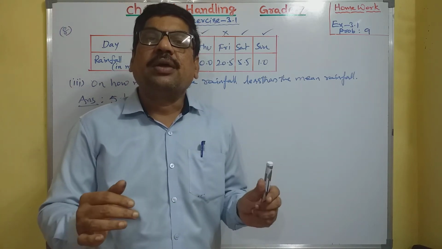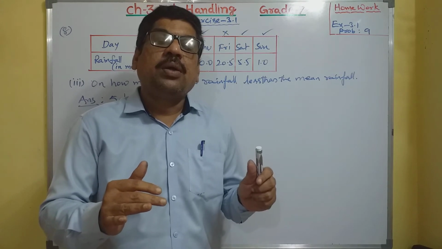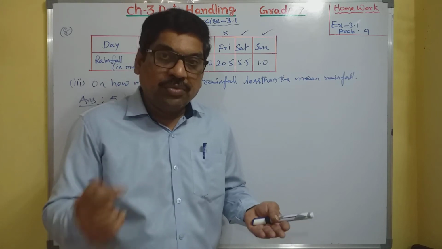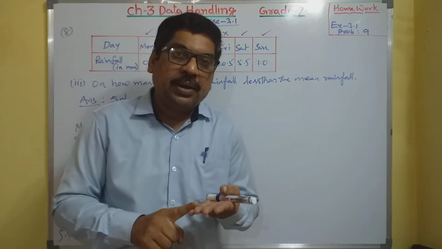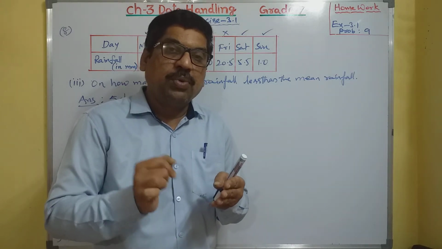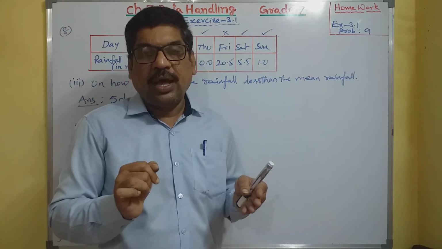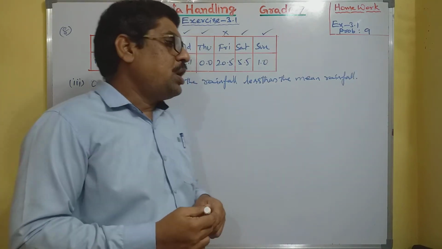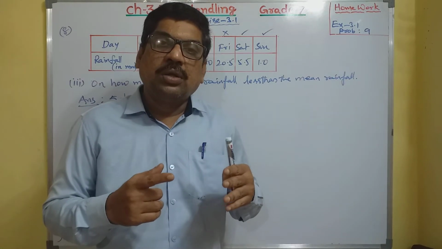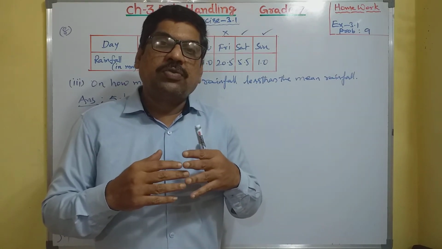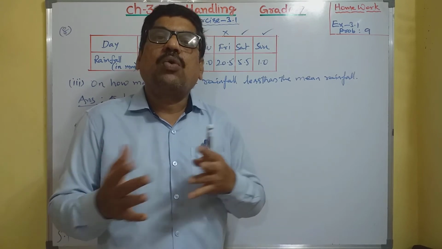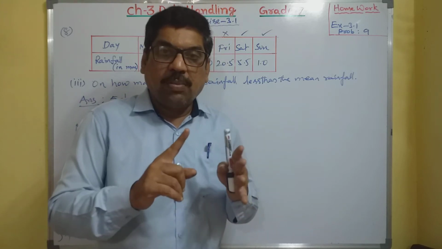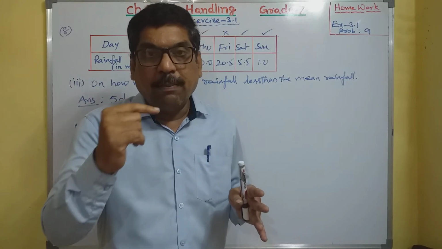By observing which pen is used by more students, can you say? For example, it is blue. The blue ink pen is used by many students in the class. If you compare the number of students using blue pens with the black, red and green, the blue is more. So the mode is blue.